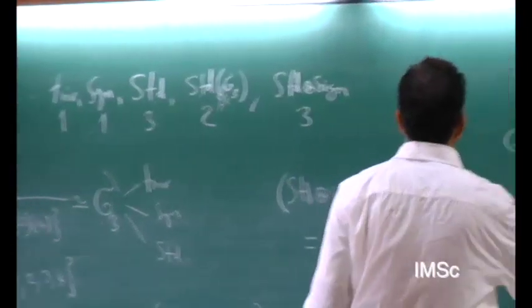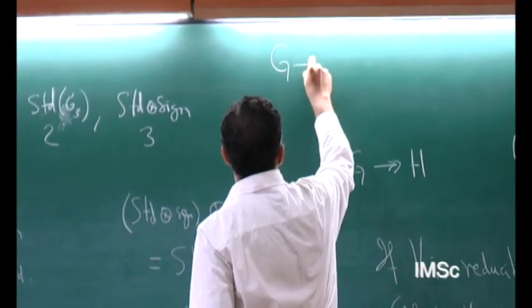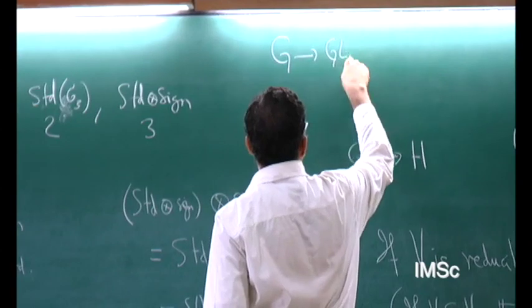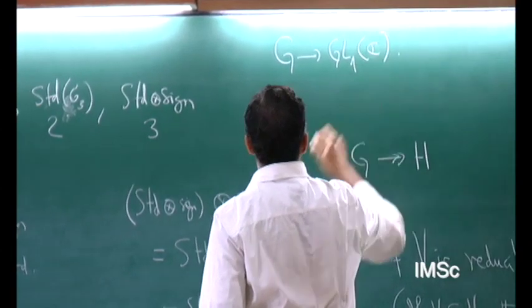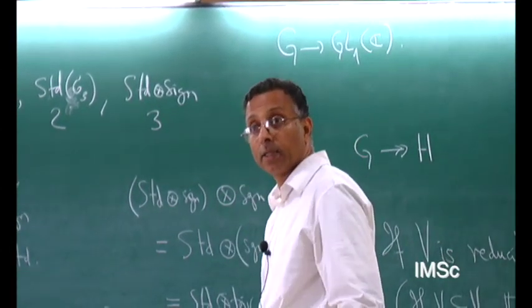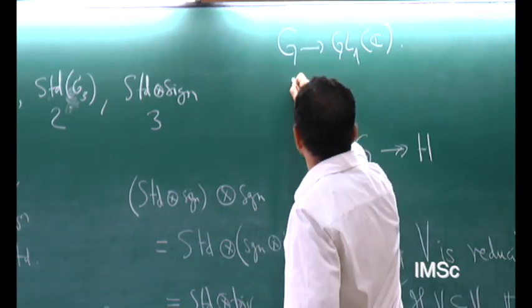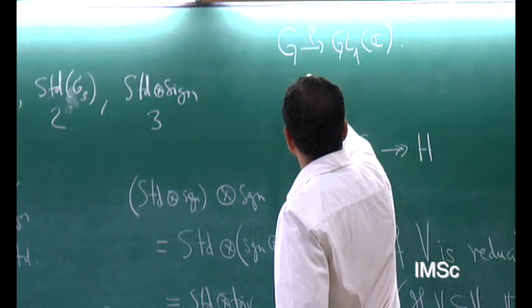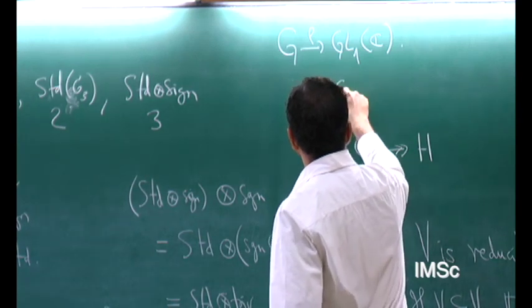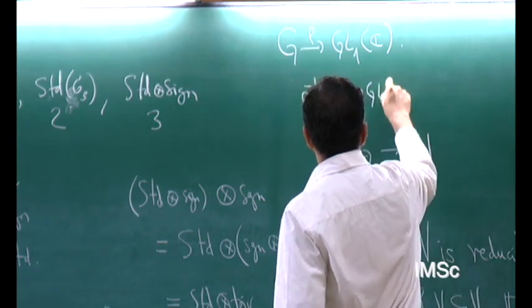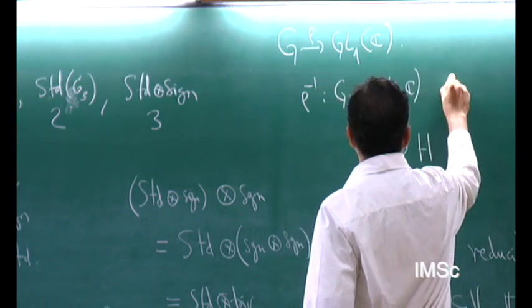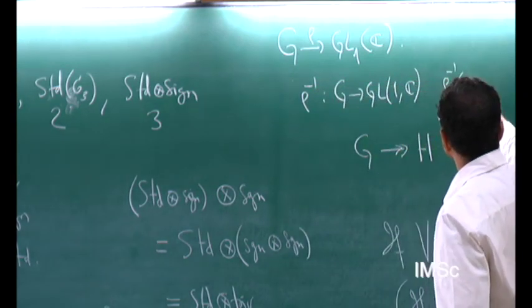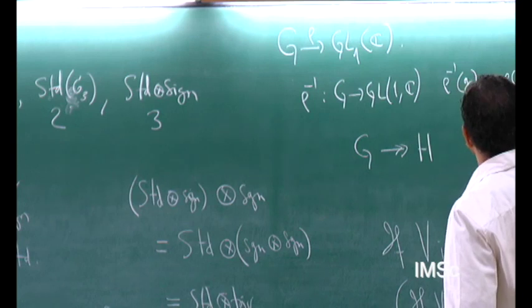That's not very difficult. If G to GL1C is a representation, let's call this rho. Define rho inverse to be G to GL1C, sending g to rho of g inverse.